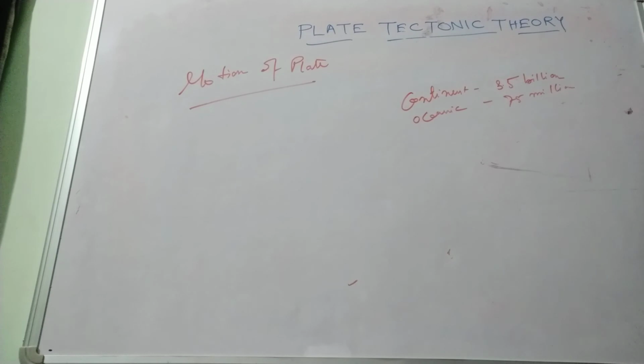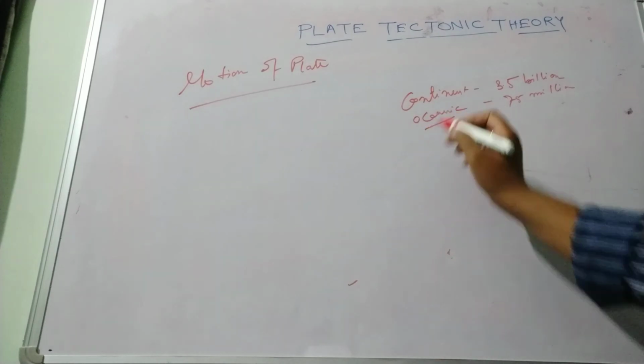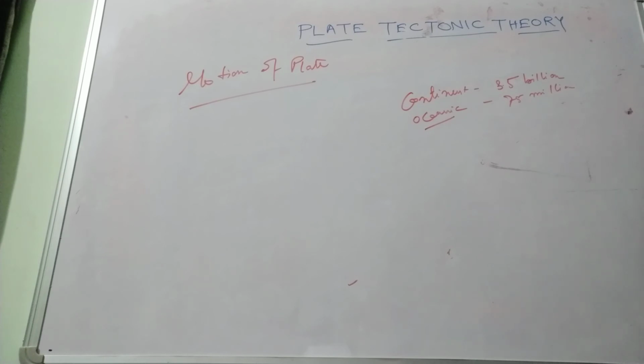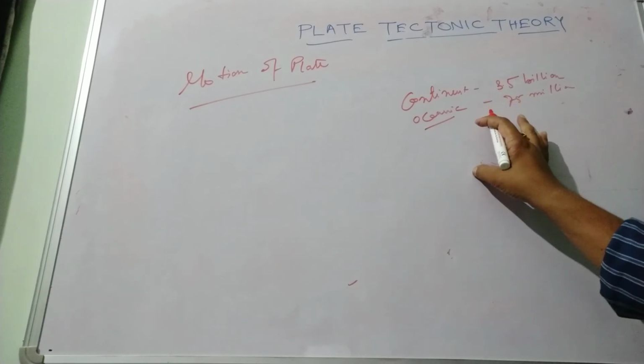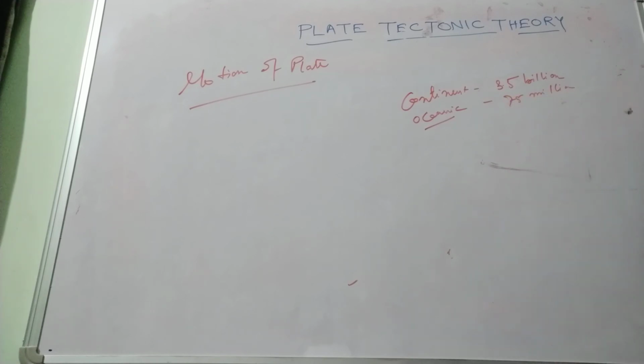So it proves that the older rocks are continental while the younger rocks are oceanic, and this proves that the plates are moving, and therefore the continent developed earlier than the oceanic plates, because most of the movement of the plates occurs at the ocean boundary.